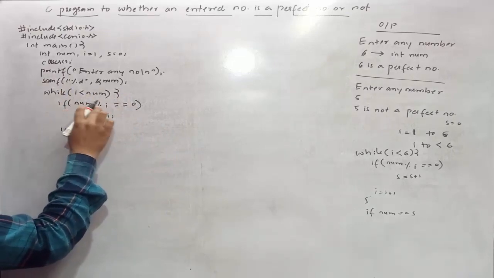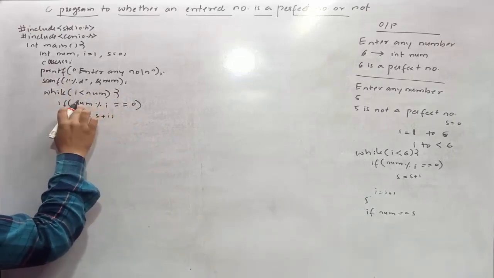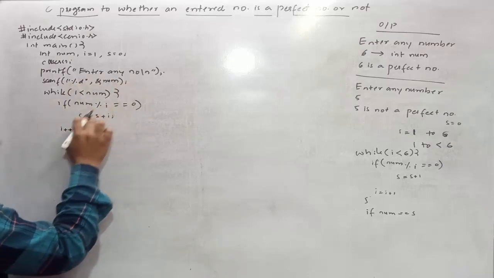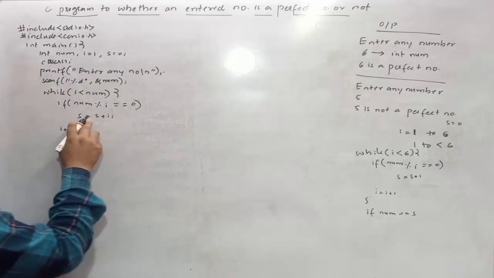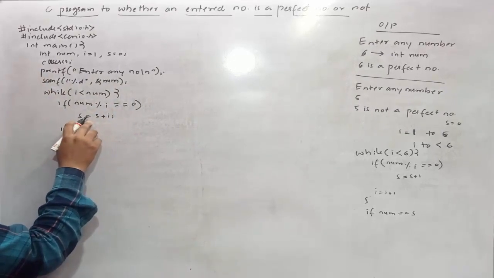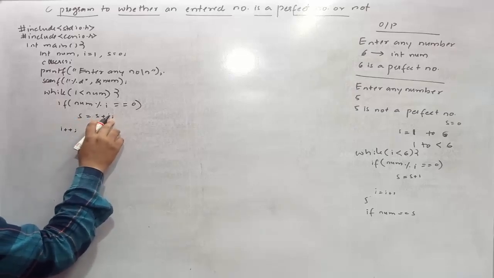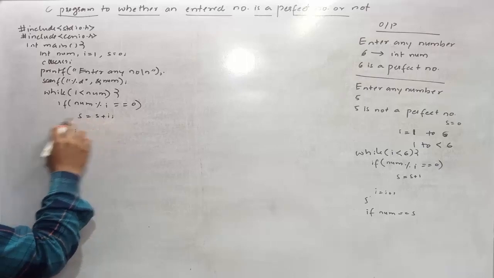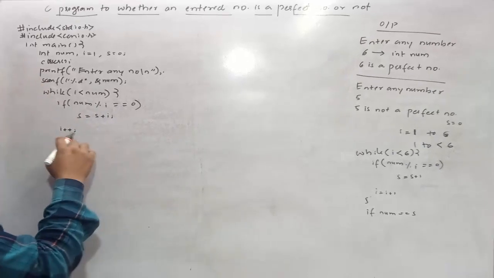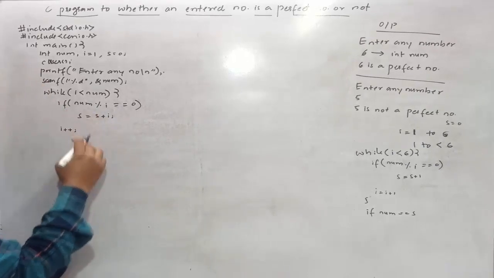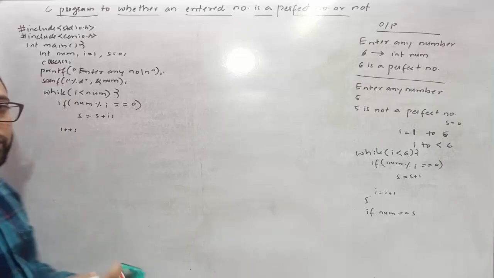If 2 successfully divides 6, then control will come inside the if to add that value. s is 1, so 1 plus 2 now becomes 3. Like this, the i value gets incremented one by one. Then the next i value will become 3.